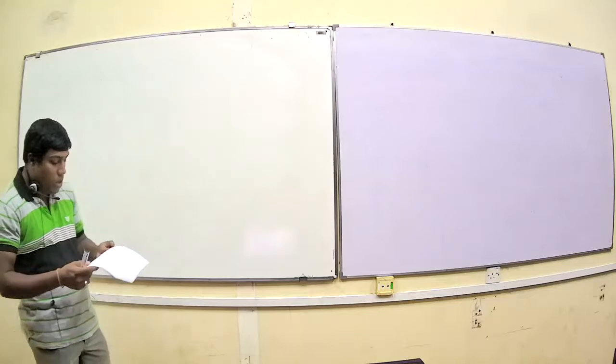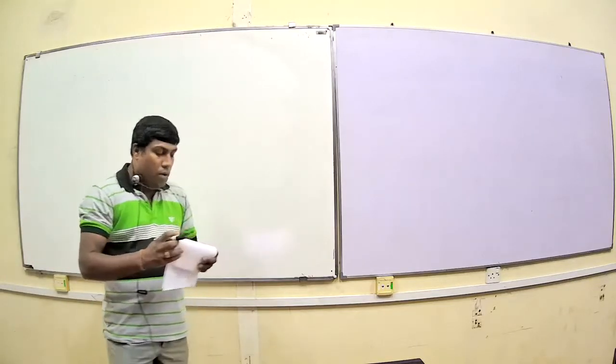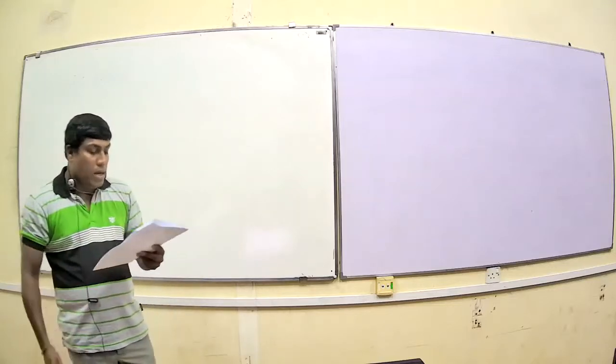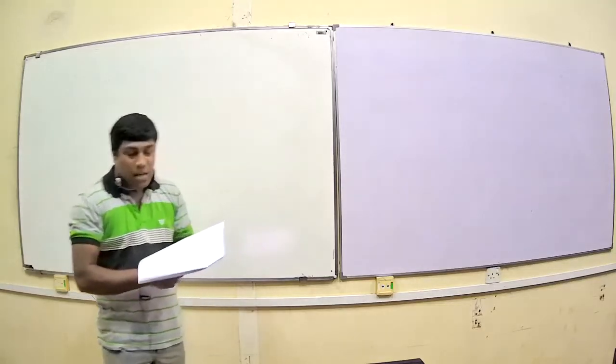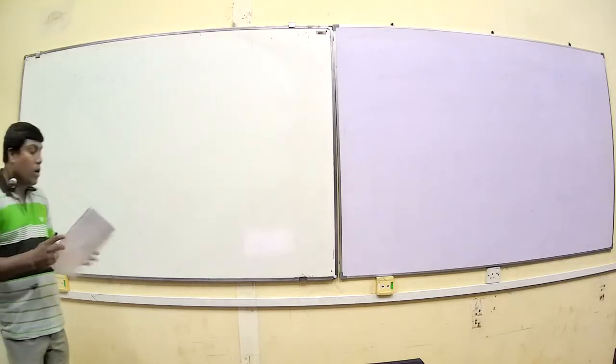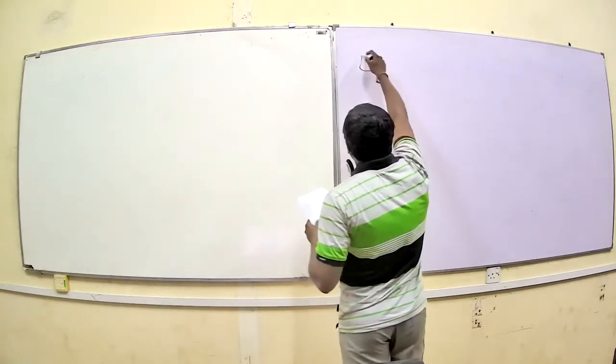Now we are going to see an example of a limit which goes to infinity, especially minus infinity, and then we will talk about some other properties of limits. So I will begin with an example.